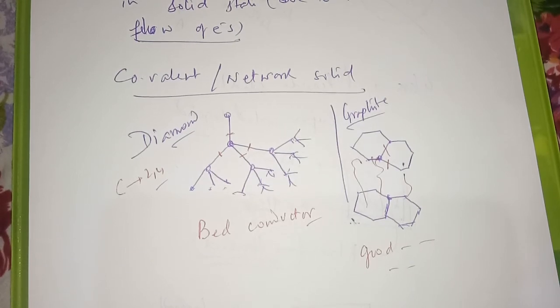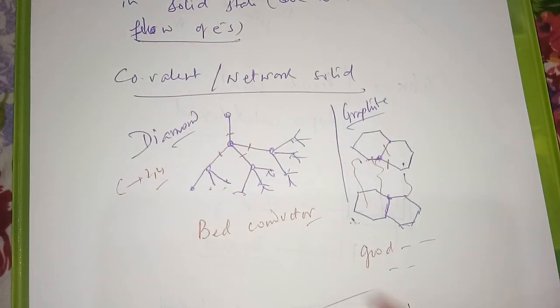So these are the examples, and students, try to remember the examples of all types of solids. What are the examples of covalent solids? For example, SiO2 is a covalent solid, SiC is a covalent solid, carbon in the form of graphite and diamond, and AlN, aluminum nitride, is also a covalent solid.